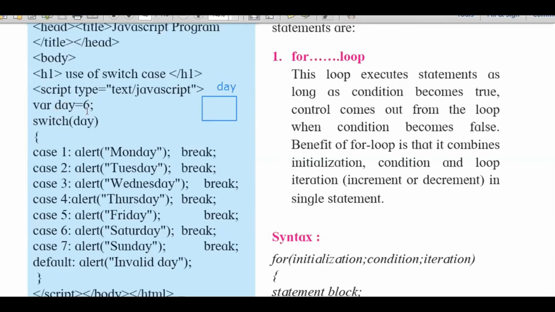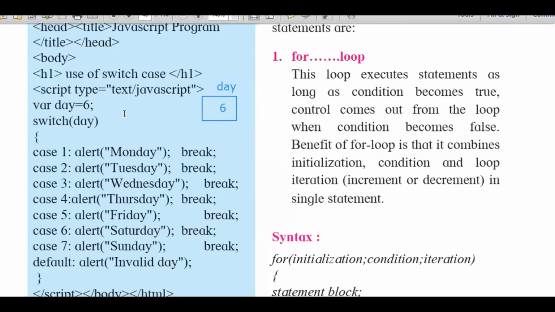When you execute var day is equal to 6, what will happen? A memory location is created in RAM. This memory location is identified by day, and by using day is equal to 6, the value 6 is stored inside the memory location.